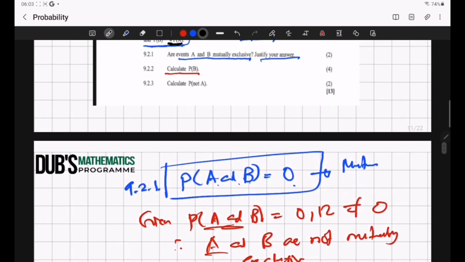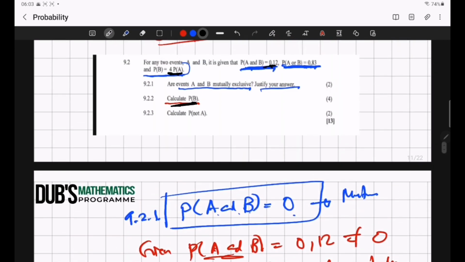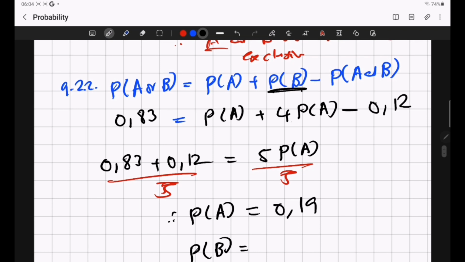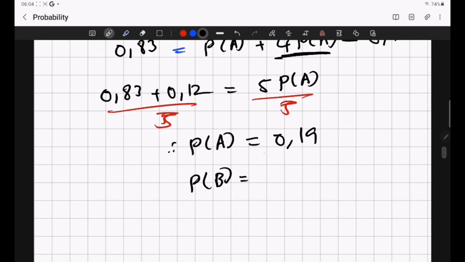What was the question? It said probability of B. So we're not done. Probability of B, we said it is 5 times probability of A. So it's going to be 5 times 0.19, which will give us 0.95.